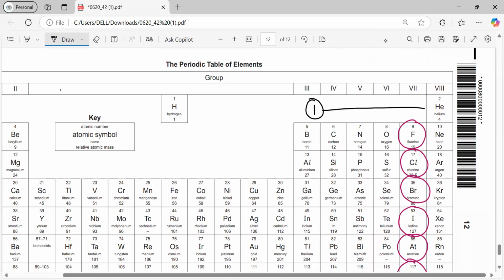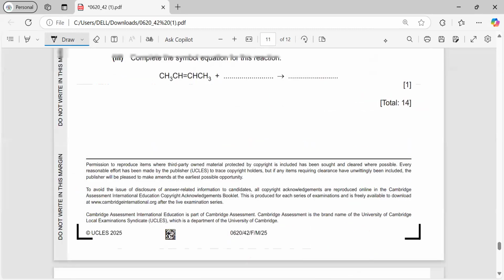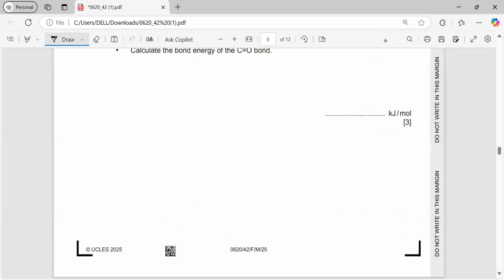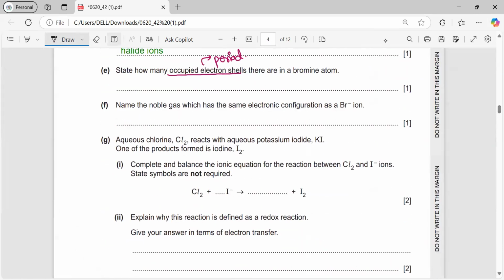Then fluorine is present in the second period, chlorine is present in the third period, and bromine is present in the fourth period. So if bromine is present in the fourth period, it means its number of occupied shells will also be 4. It has 4 occupied shells. So we'll write here 4.